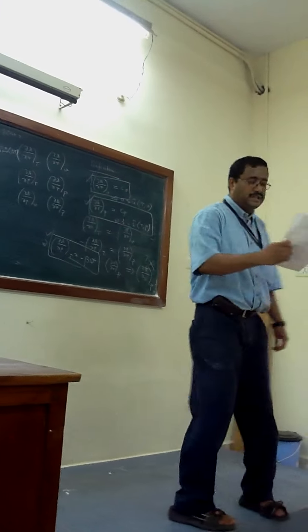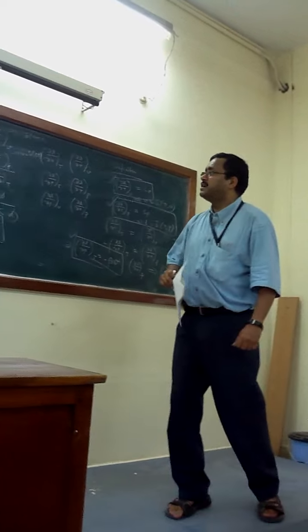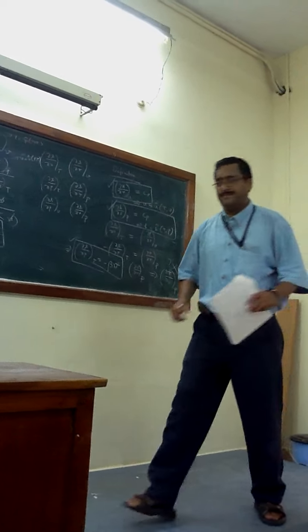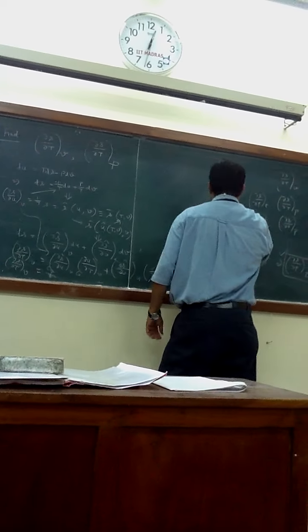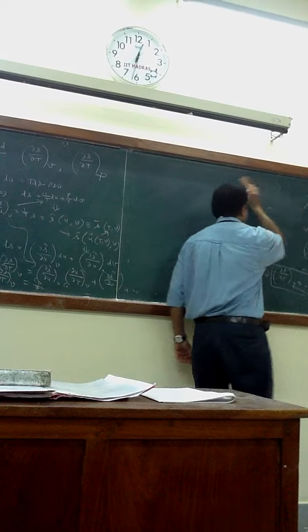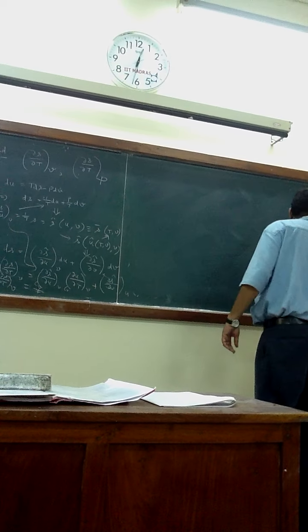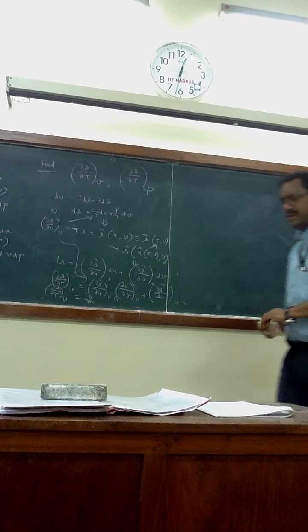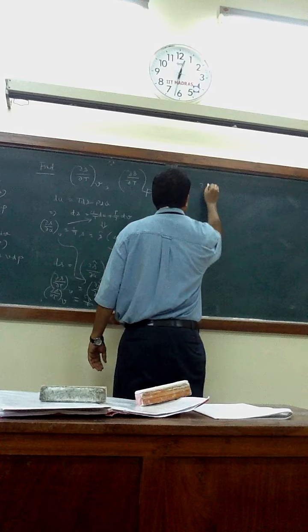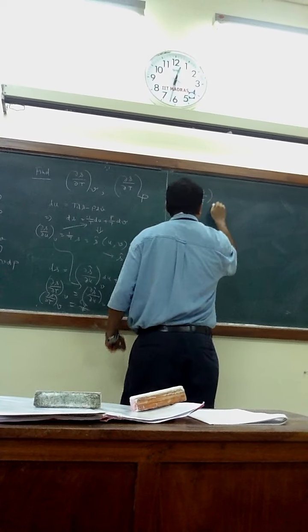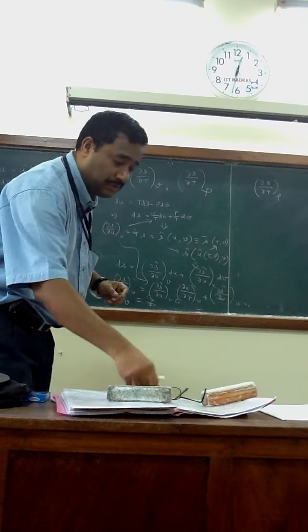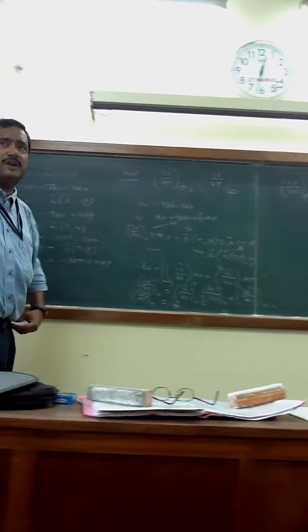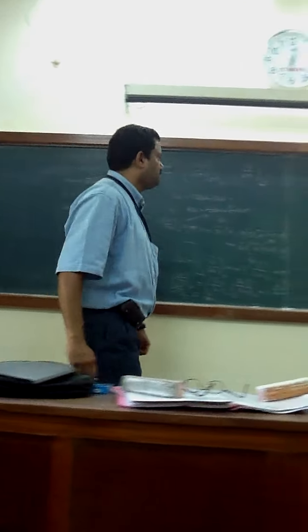Next is ∂S/∂T at fixed P. How to get it? Let's see whether you can give me the answer. We have to evaluate ∂S/∂T at fixed P. How to start?